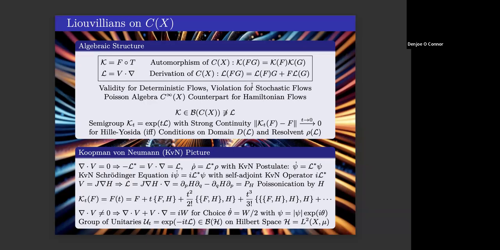Where you say, if you have strong continuity, the Hille-Yosida theorem says it's an if and only if condition: the domain has to be dense, and there are some bounds and some conditions on the resolvent of the Liouvillian. Then with this Liouvillian, you always generate a strongly continuous semigroup. This is the Liouvillian. What did you say was not bounded?